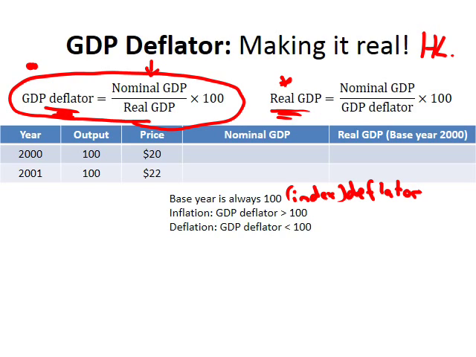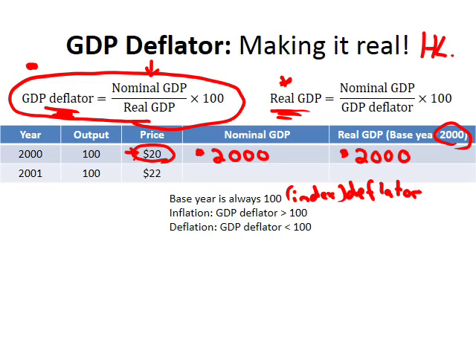So if the base year is 2000, we're going to take the price of 20, and you'll see that nominal is going to equal real in the base year because we're using $20 for both calculations. We're going to take price times output, and so nominal GDP would be $2,000. The real GDP would use the base year price. Base year happens to be the same year, which is 20. Multiply it by output, and you would come up again with $2,000.